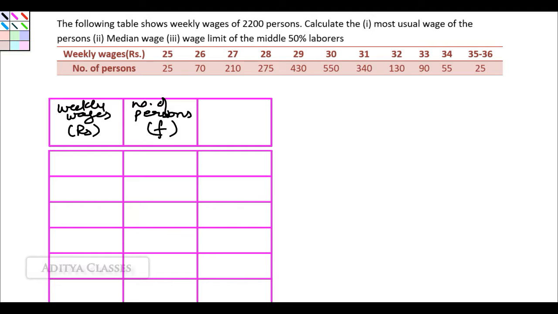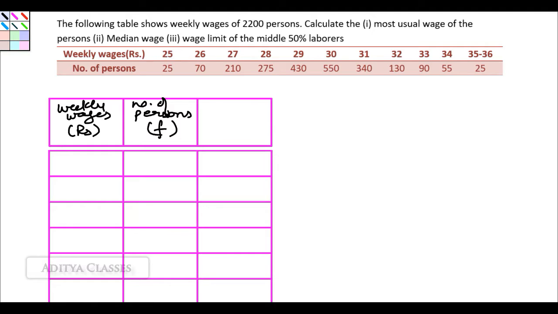And as far as classes are concerned, here we have 35 to 36. So class interval is only 1. So probably we should be moving in a fashion that 35 to 36, next we should have 34 to 35, then 33 to 34. So probably we'll be having classes of interval only 1. 34 to 35 would become 55. 33 to 34 would become 90.